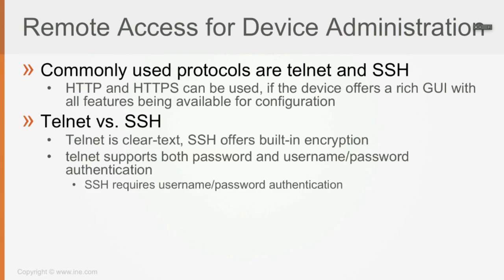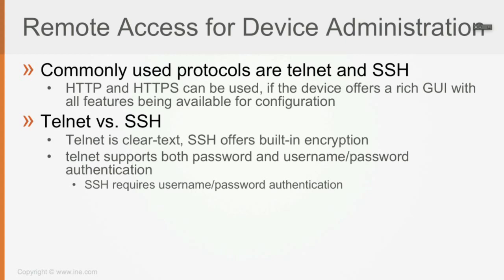Now, Telnet versus SSH. Clearly Telnet is a clear text protocol, so everything sent back and forth between the user and the router is going to be in clear text, including the username and password, so that is bad. While SSH, Secure Shell, offers built-in encryption. That's why it's called Secure Shell. So SSH offers you secure access to a shell of a device.